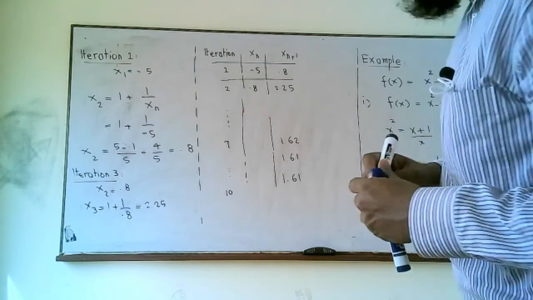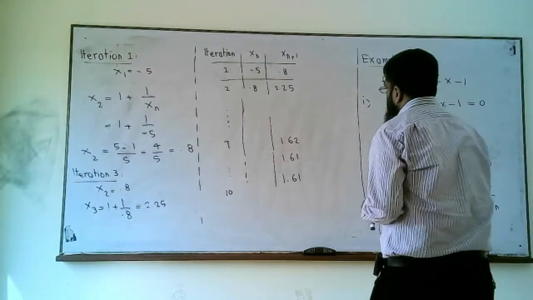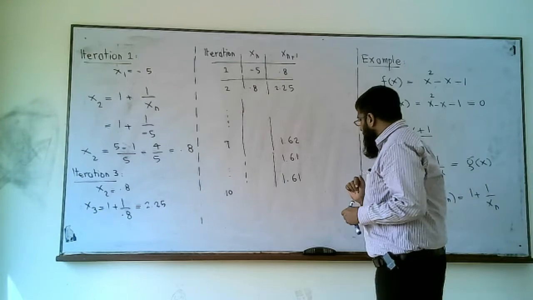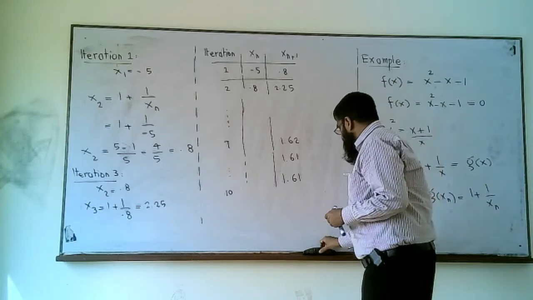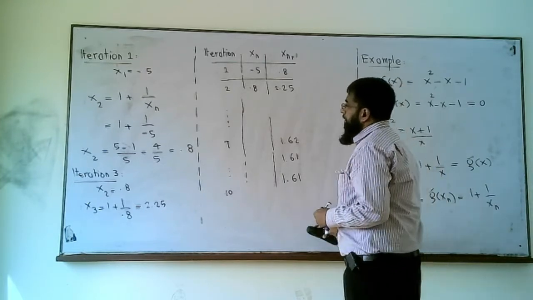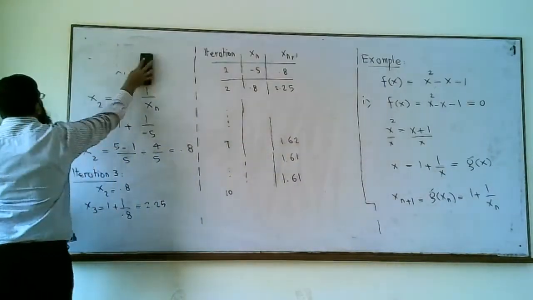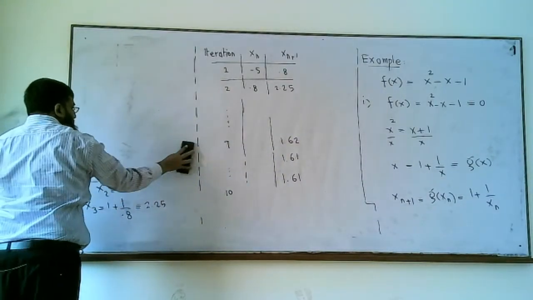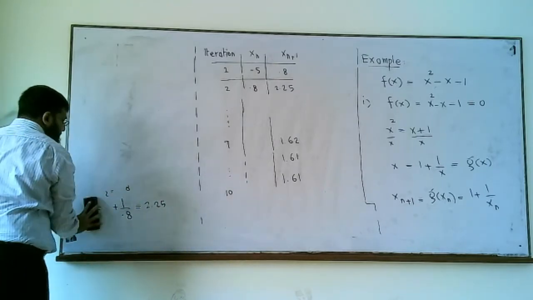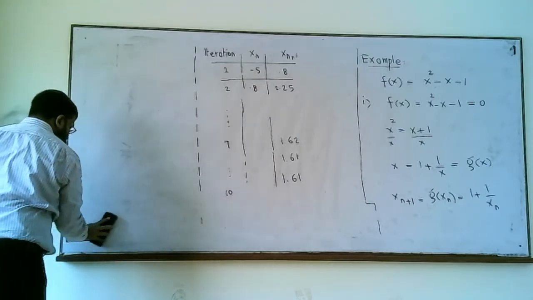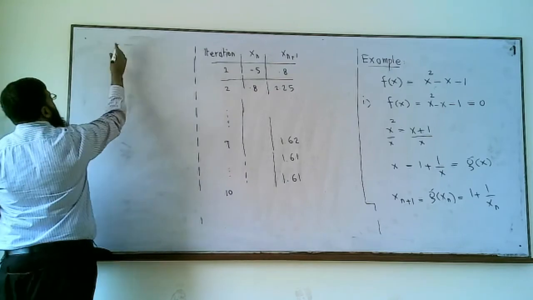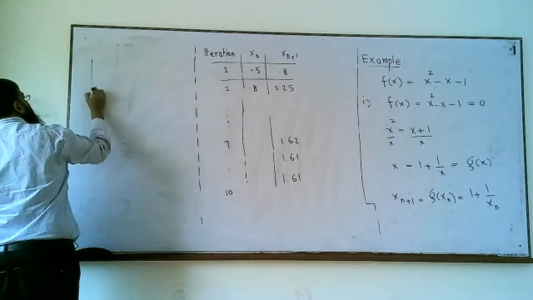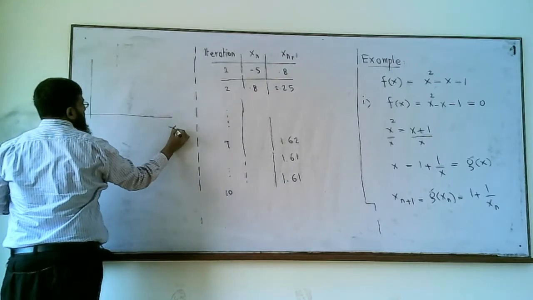So let's see whether it has converged. It seems it has converged, but to verify that it has actually converged, we need to plot this f of x to graphically see the roots. My provided Python code also plots this f of x versus x.